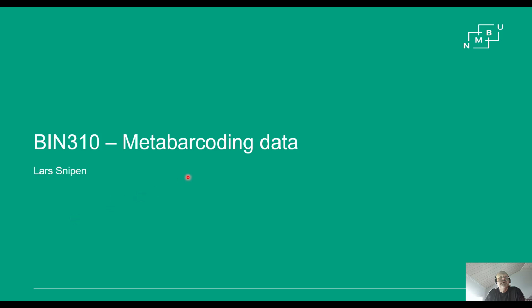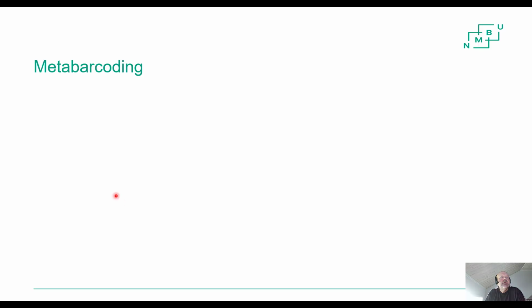So let me say a few words about metabarcoding data. You can read a lot about this in the module documents, so I will try to keep this short. So what is metabarcoding? Why do we do this metabarcoding actually? The answer is basically to find the composition of microbes in a community.